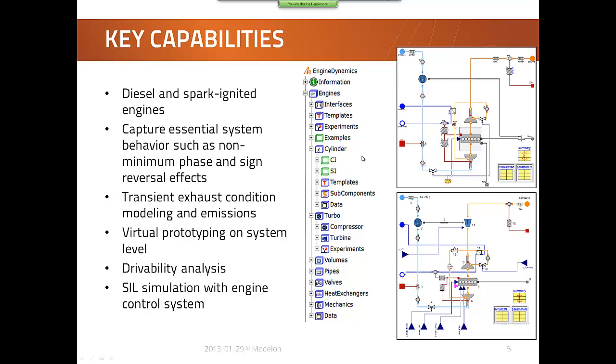You can do drivability analysis, and it's particularly good to use together with the vehicle dynamics library. You can couple the drive shaft of the engine to a vehicle driveline model or a full vehicle model, and it uses a regular rotational connector, so it's really compatible with any rotational mechanical Modelica models.